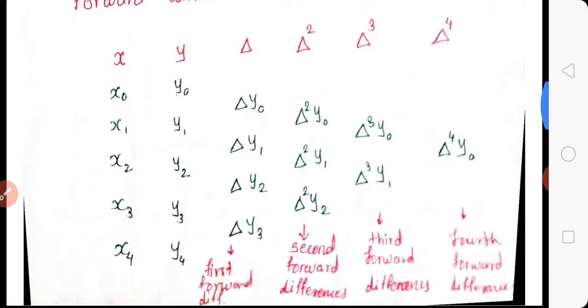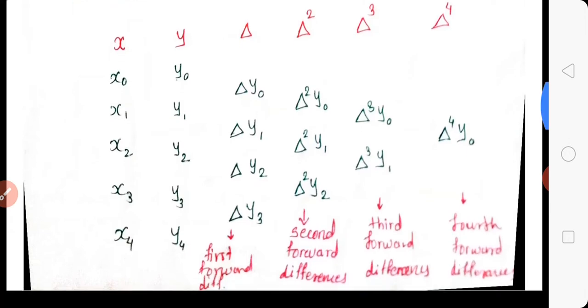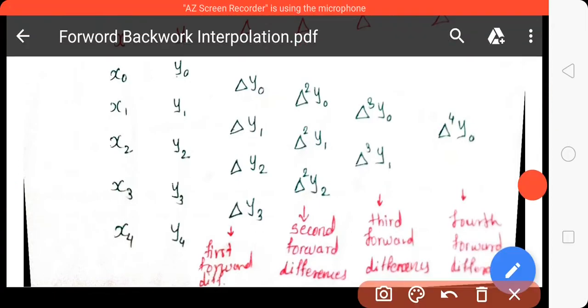Here, we are given the values of x from x0 to x4 and values of y from y0 to y4. Then we can calculate the first forward differences. For this we take y1 minus y0. This gives the value of delta y0.